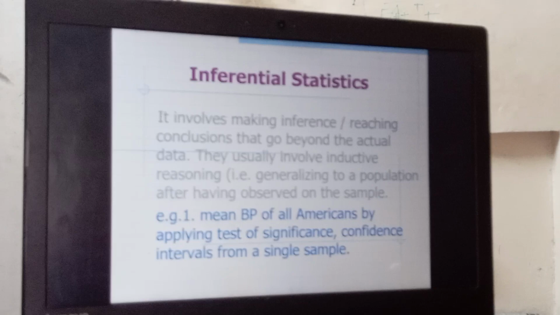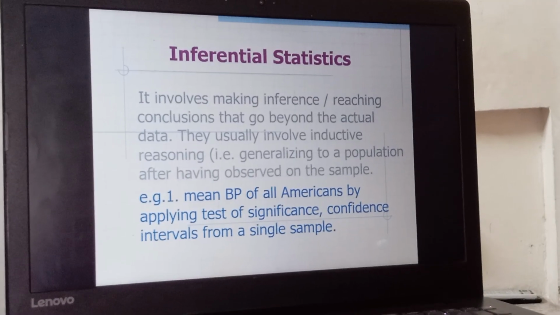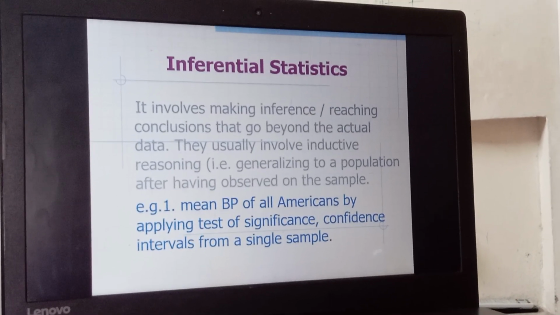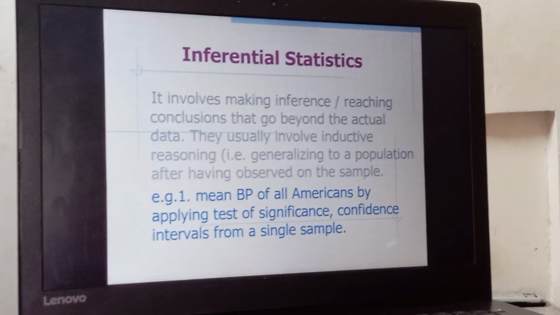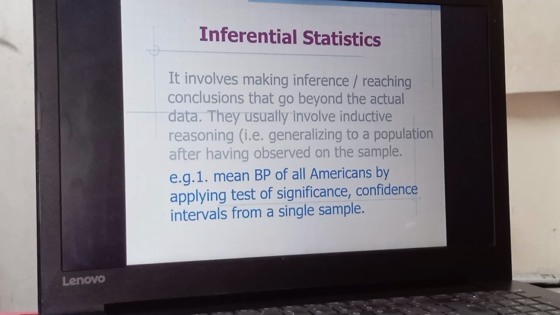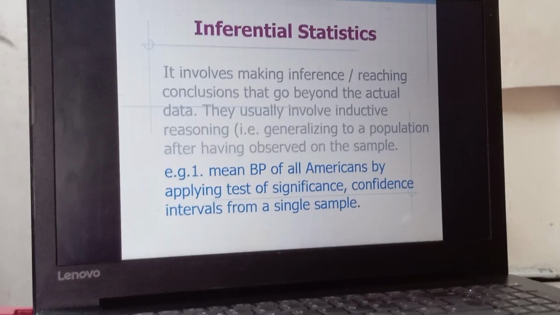And depending on the p-value, then we conclude and we accept or reject the null hypothesis. Hypothesis is basically a supposition that was drafted or that was given before the application of test of significance.